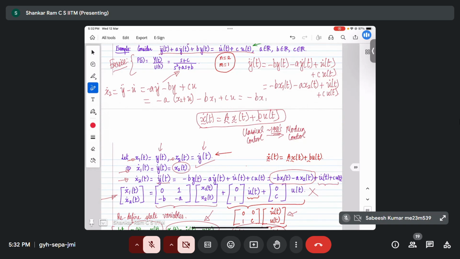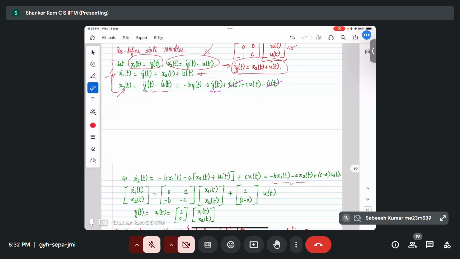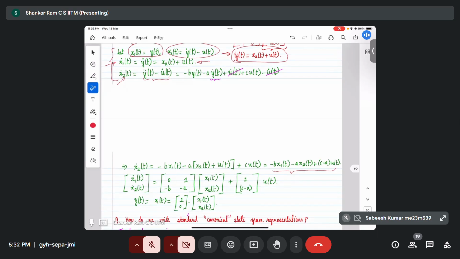We get minus bx1 minus ax2 plus (c minus a) times u. We'll have two terms with the input. So that's what we have: minus bx1 minus ax2 plus (c minus a)u.